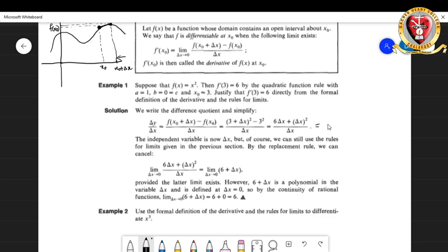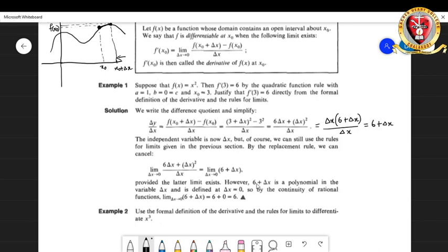This is equal to delta x into 6 plus delta x divided by delta x. Okay, so you are left with 6 plus delta x there, right? So limit delta x tends to 0, 6 delta x plus delta x whole square divided by delta x is equal to limit delta x tends to 0, 6 plus delta x. And both of them are same by the replacement rule.